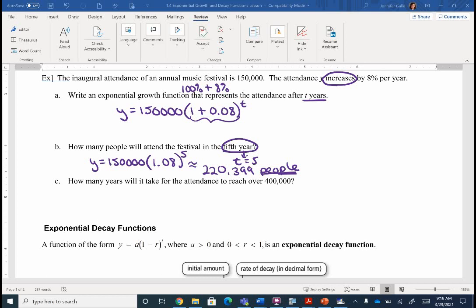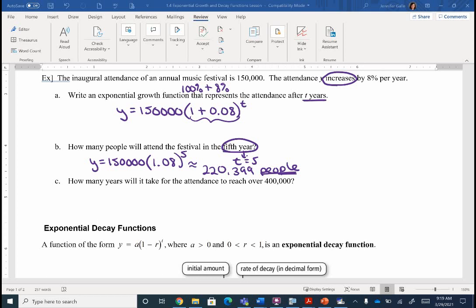So now the situation, we might go the other way. Instead of continually putting in different years for the time and seeing how we're growing, the person running the festival knows that, hey, if and when we hit 400,000 people, we can't have our festival at this venue anymore. It just won't fit.